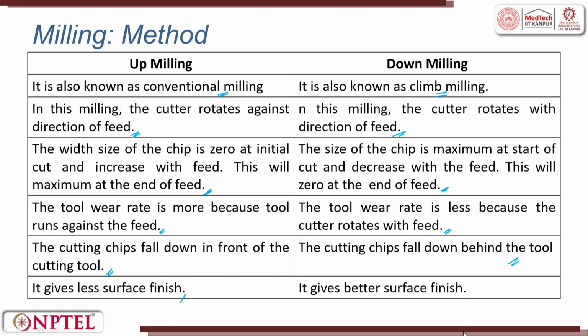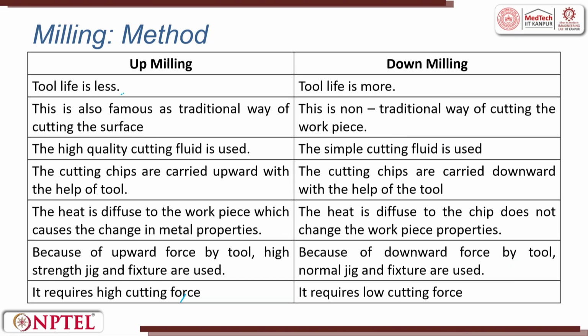So, this is a comparison between up milling and down milling. In up milling, the tool life is less; in down milling, the tool life is more. Up milling is also famous as the traditional way of cutting a surface; down milling is a non-traditional way. A high quality cutting fluid is used in up milling, a simple cutting fluid in down milling. The chips are carried away with the help of the tool in up milling, and carried downward in down milling. In up milling the heat is diffused to the workpiece, which causes damage to the metal property.